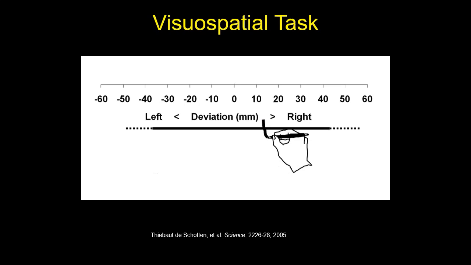Finally, we'll move on to visuospatial function. To assess visuospatial function, we utilize a variation of the line bisection task where the patient is presented a line segment and asked to mark the midpoint with a pen. Most commonly, this is performed during surgery in the right hemisphere, where stimulation elicits a rightward deviation of the line bisection.